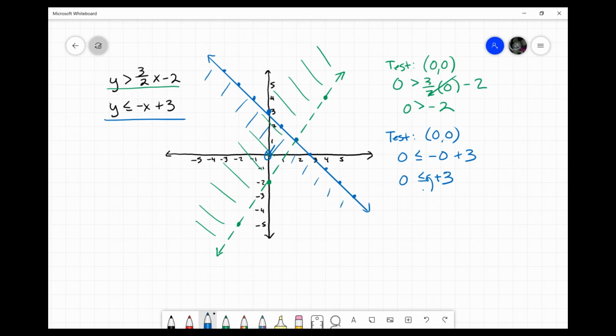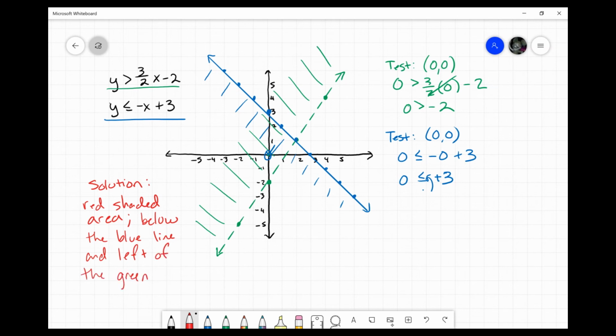Instead, the solution, which would be any acceptable value that makes both of these inequalities true, would be the red shaded area, which is really below the blue line and left of the green line. So that would be everything in this area to the left.